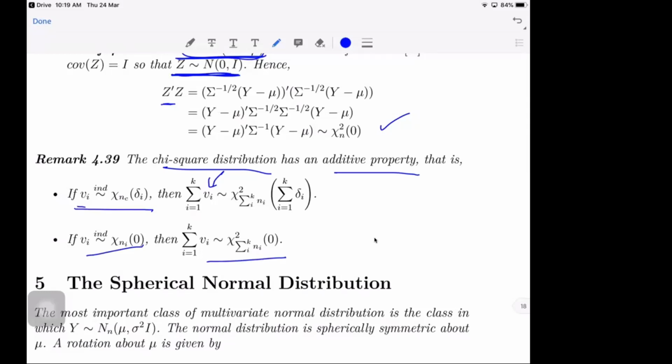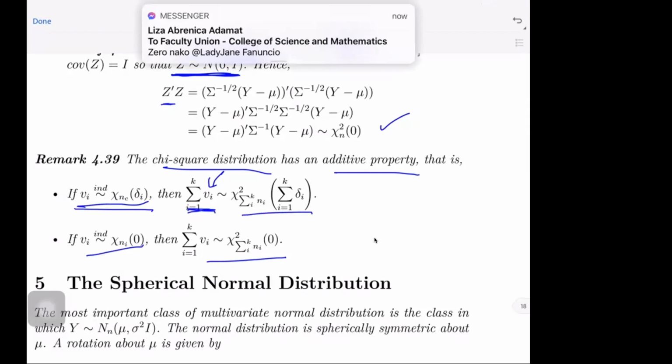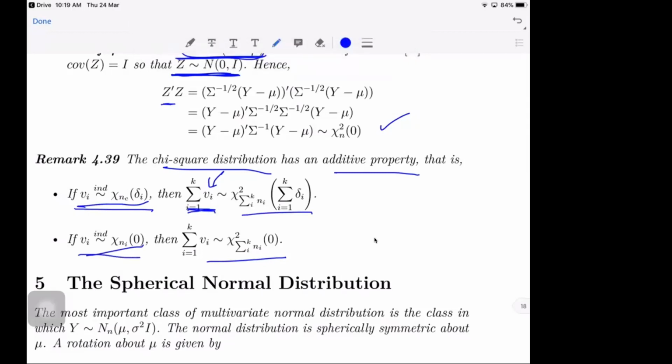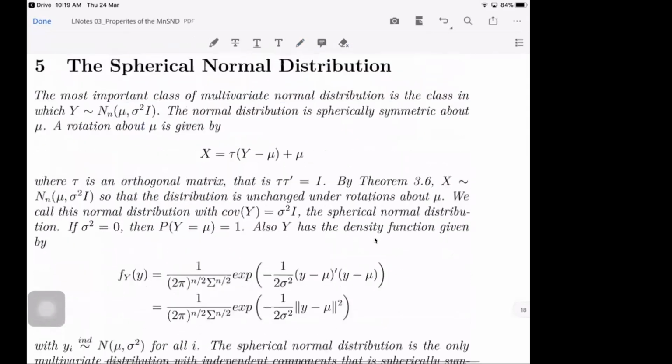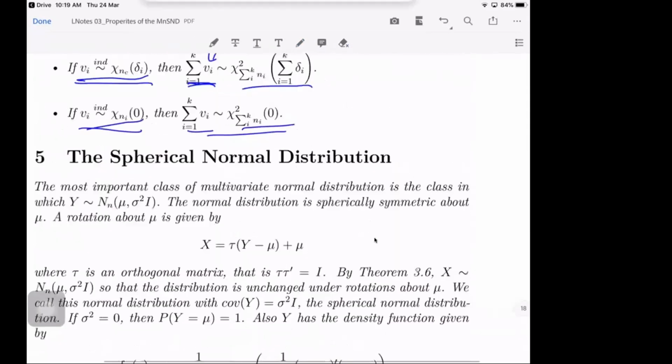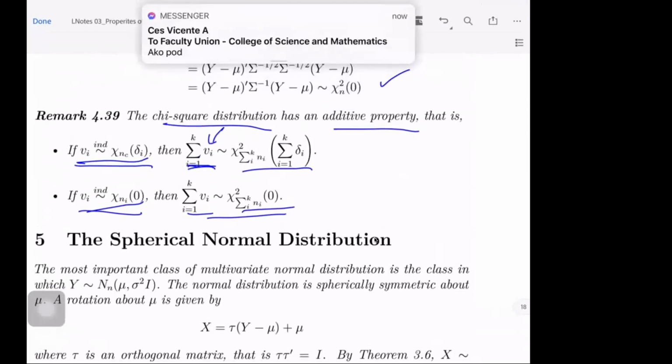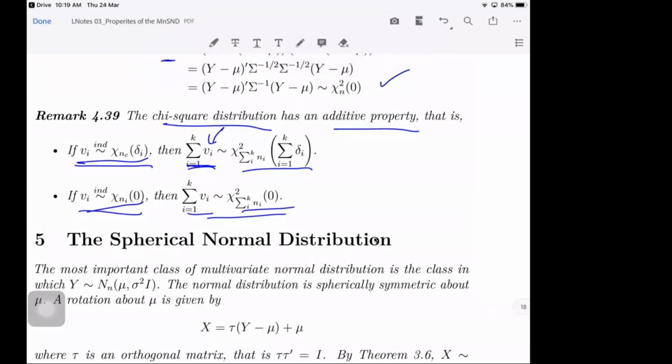So if you started with non-central chi-squares and you get the sum, it's still non-central chi-square. If you have central chi-squares and you get the sum, it's still central chi-square. So those are the properties. And then we will continue on spherical normal distribution next meeting.